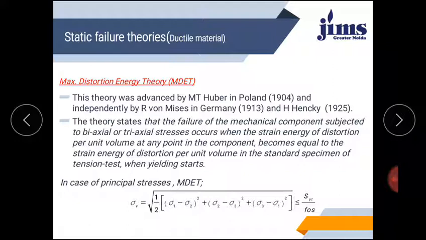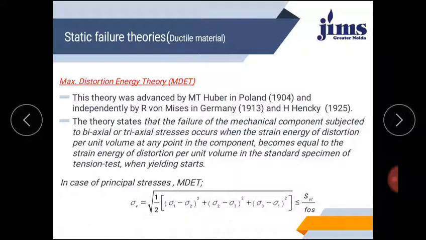The theory states that the failure of mechanical components subjected to biaxial or triaxial stresses occurs when the strain energy of distortion per unit volume at any point of the component becomes equal to the strain energy of distortion per unit volume in the standard specimen of the tension test when yielding starts.